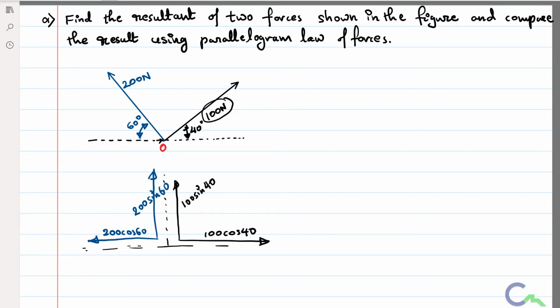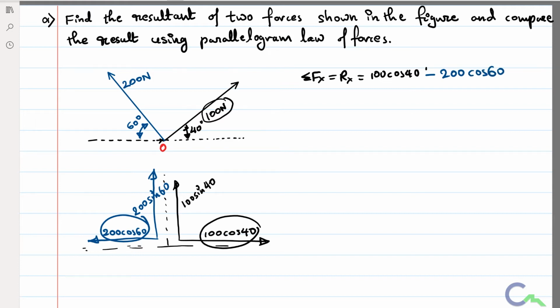So first I am going to calculate the horizontal component of the resultant, that is sigma Fx or Rx, equal to the summation of horizontal components, that is 100 cos 40. One more force, that is minus, acting in negative direction, minus 200 cos 60.